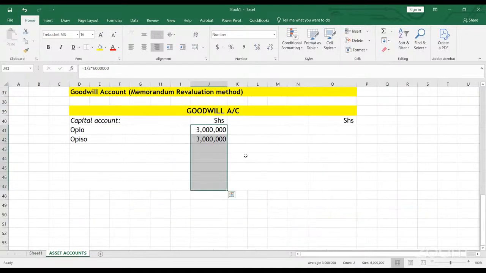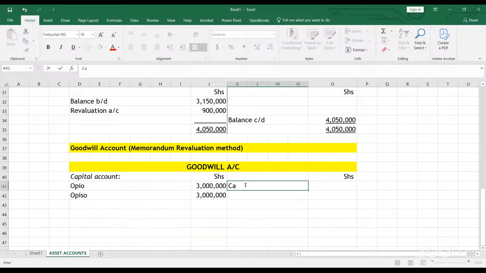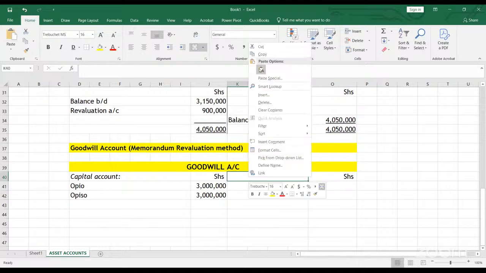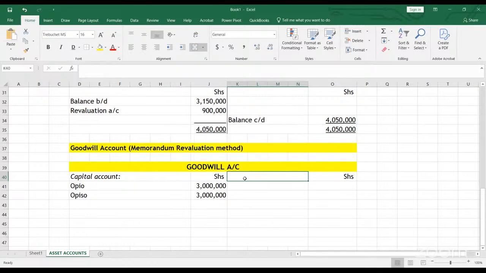But then it has to be written off because we are using the memorandum revaluation method. So you go to the credit, you still credit the capital account.